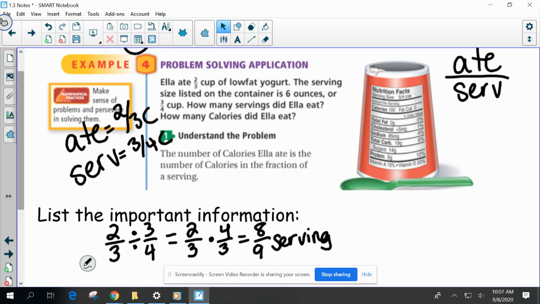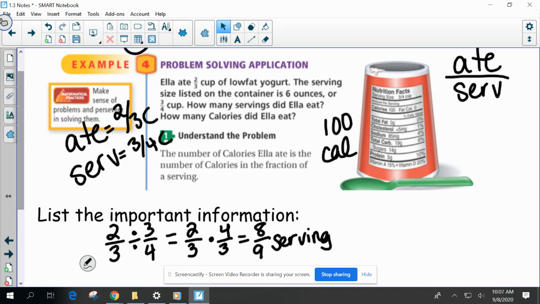All right, so the second question is, how many calories did she eat? If one serving is 100 calories, how do we figure out what 8/9 of a serving is? So the cookie example again. I ate 3 servings, remember? And there are 90 calories in each serving.